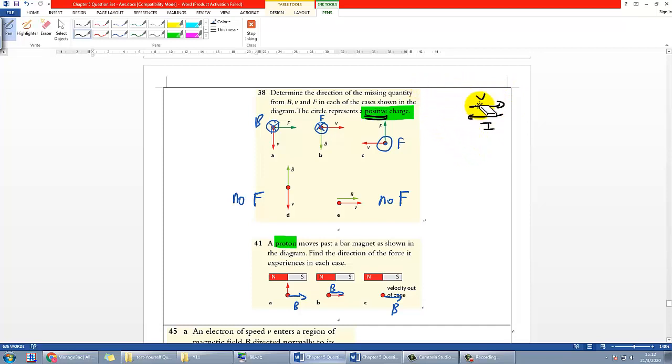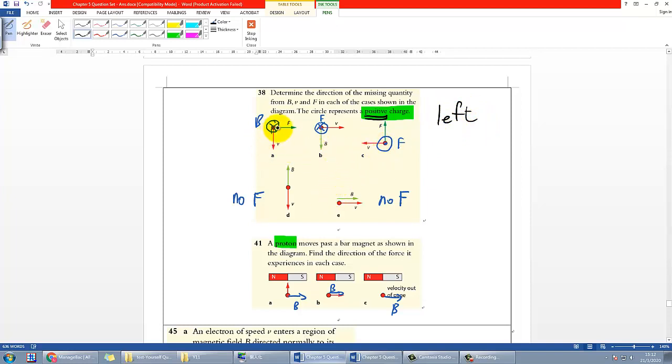But here, since it is positive, it's easy, because for positive charge, the current and the velocity are simply in the same direction. So if you simply use the hand rule, which in this case, if you recall, should be the left hand rule instead of the right hand rule, then these are the answers.